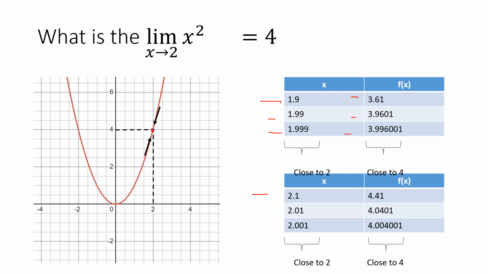And I did it approaching from the right as well. 2.1 is 4.41, 2.01 is 4.04, 2.001 is 4.004. Notice in both cases, we are approaching 4 from the left, from this side, and from the right, from this side. They're approaching 4 from different directions, but they're both approaching 4.